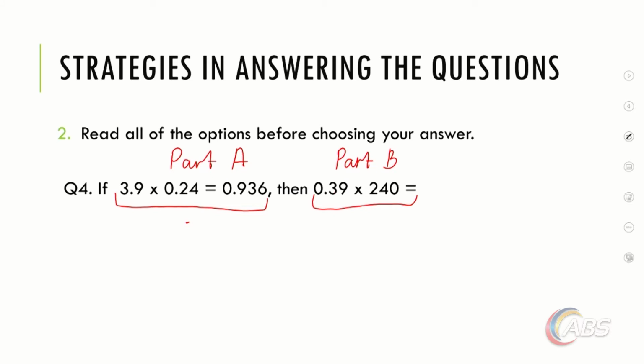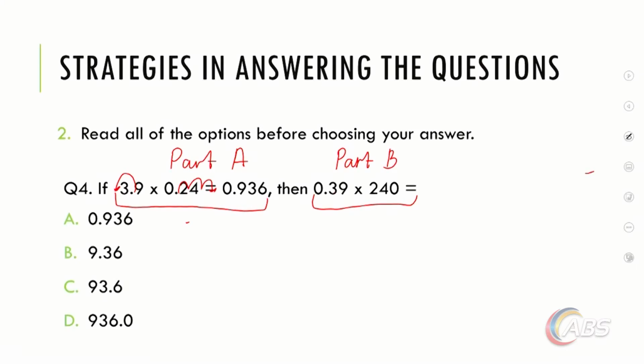For 3.9 to look like 0.39, we'd move our point one place left. And for 0.24 to look like 240, we would have to move our point a second and third place to the right. If we follow that same pattern in our answer for part A, we should be able to come up with our answer for part B.